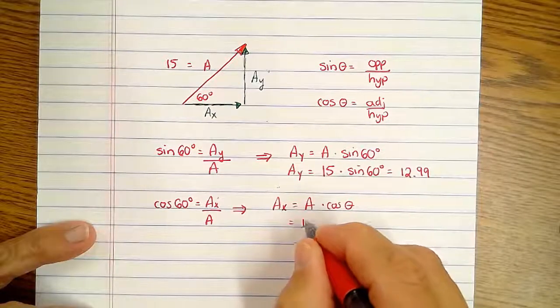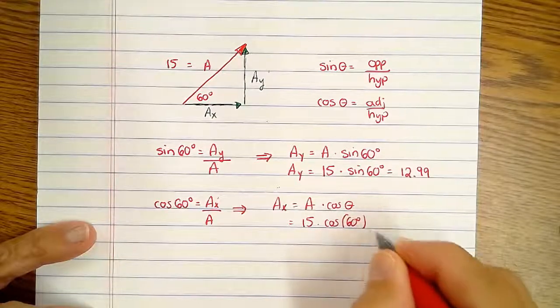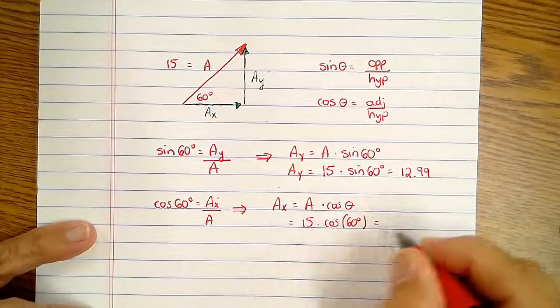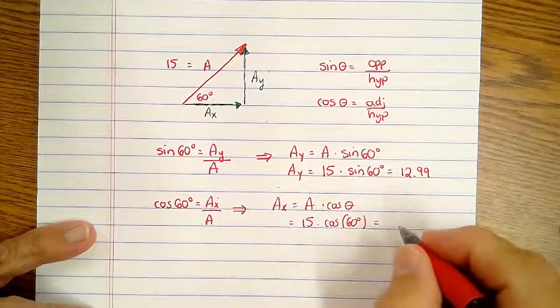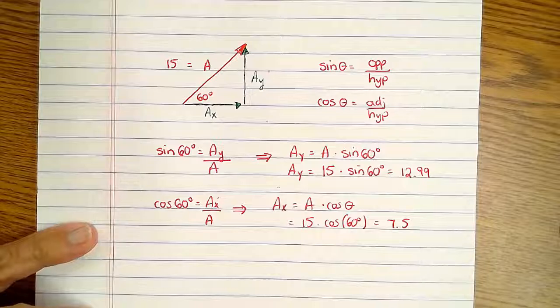In this case, that means 15 times the cosine of 60 degrees. Put that in your calculator and make sure you get the same answer I do. You've got to be in degrees mode on your calculator. And you should get 7.5 units.